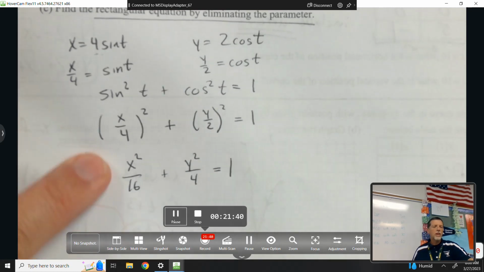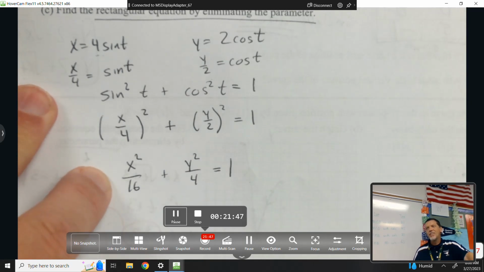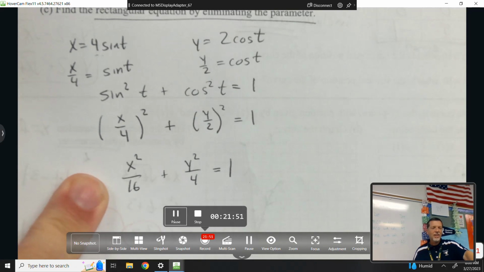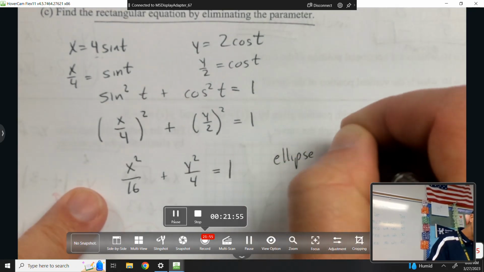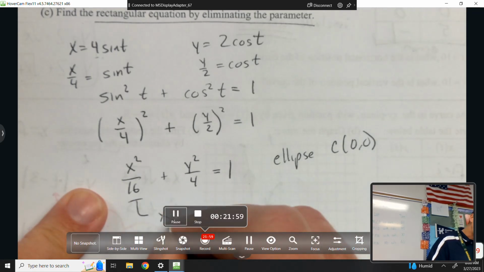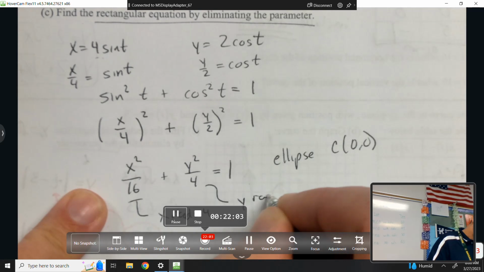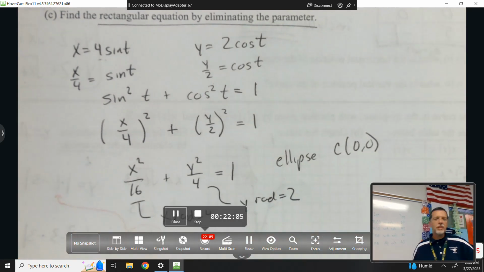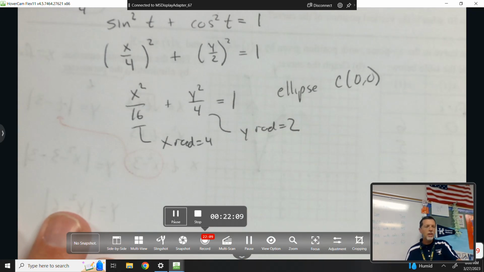Do you remember what shape that would trace out if you graphed it? A hint, we just graphed the shape. It's an ellipse with center at 0, 0, and remember this, sort of an x radius equals 4, and a y radius equals 2. Radius isn't exactly the right term because you're not doing it in all the directions, but you'd go left and right 4 and up and down 2.